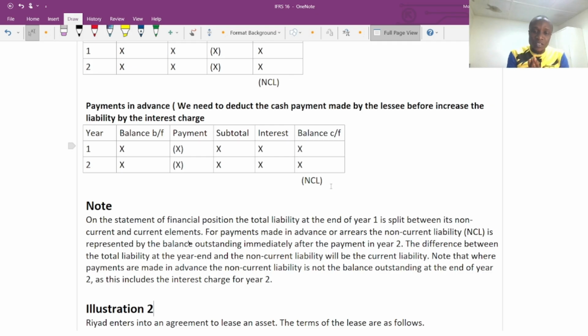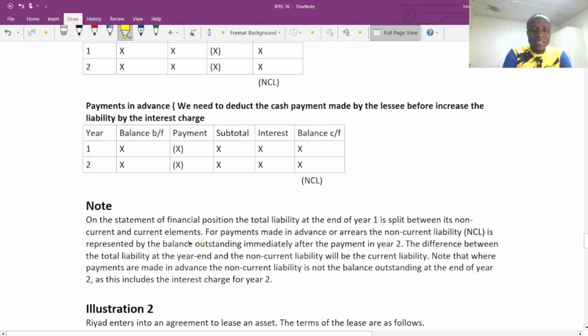On the statement of financial position, the total liability at the end of year one is split between the non-current and the current. For payments made in advance or in arrears, the non-current liability is represented by the balance outstanding immediately after the payment in year two.